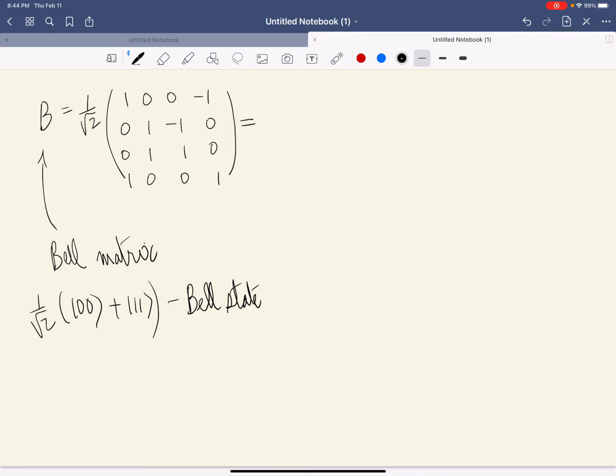So this Bell matrix, after you do the necessary homework, can be shown to break down into tensor products of two 2 by 2 matrices.